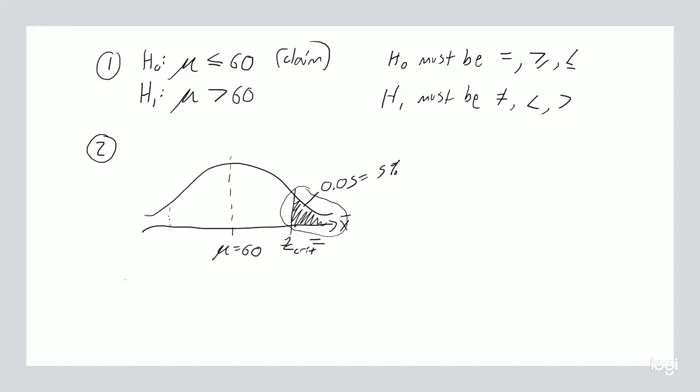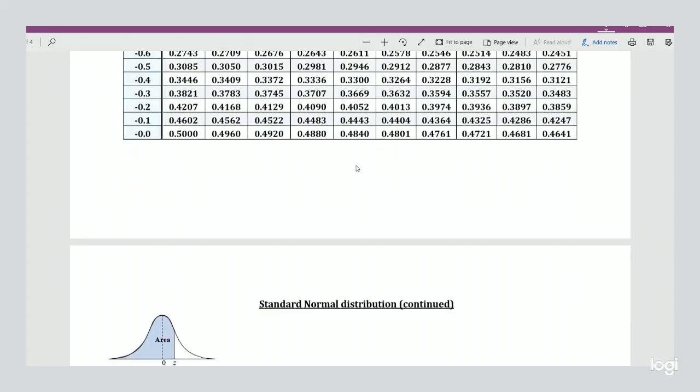So, what is that critical Z value that cuts off 0.05 of the area under the curve? Well, we find it on the Z table because we know the rest of the curve must be 0.95. So we just find 0.95 on the Z table.